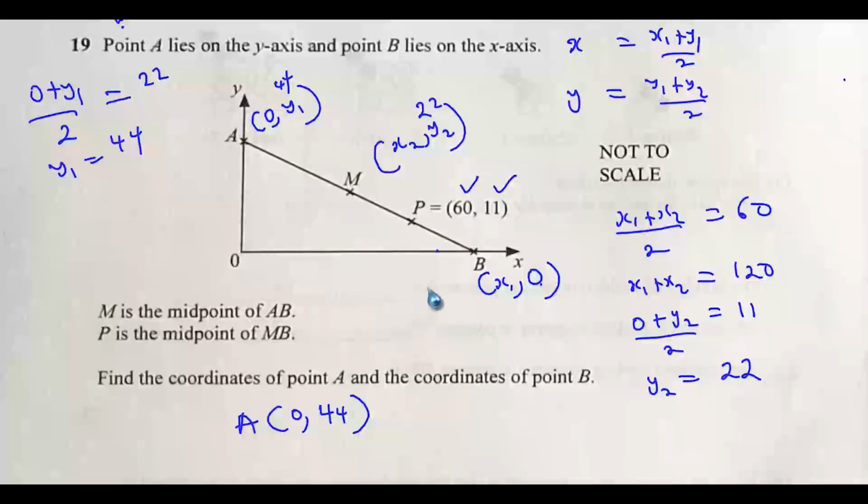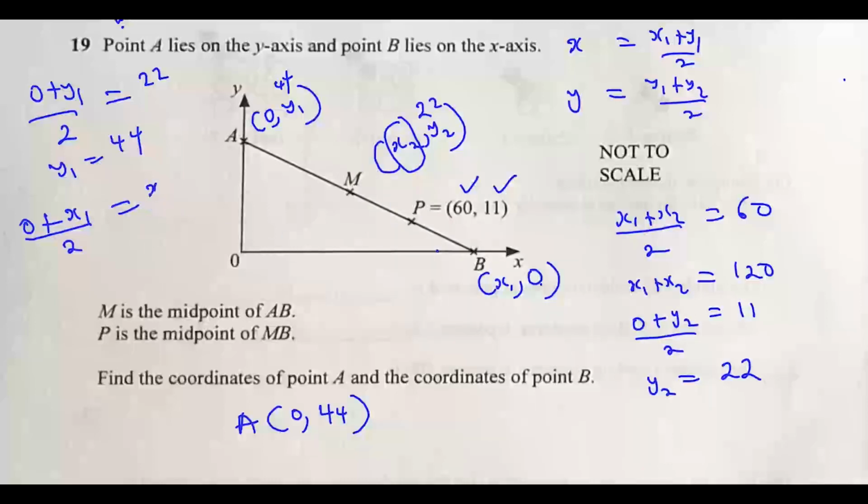Equally, you can do the same thing to get x2. For x2, you have to add 0, that is the x coordinate of A, plus the value of x1 here, which we don't know yet, divided by 2, and it should be equal to the value of x2 here, that is the x coordinate of the midpoint of line AB.